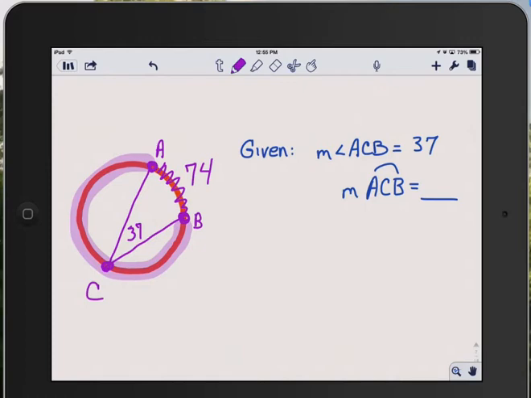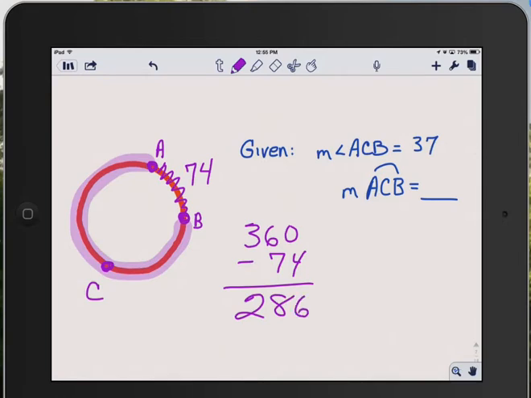And therefore, if that arc is equal to 74, we can get rid of the angle, and we can simply say those two arcs add to equal 360. So you take 360 and subtract 74, and you get 286 for that answer.